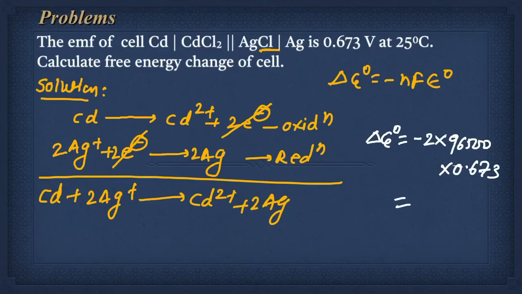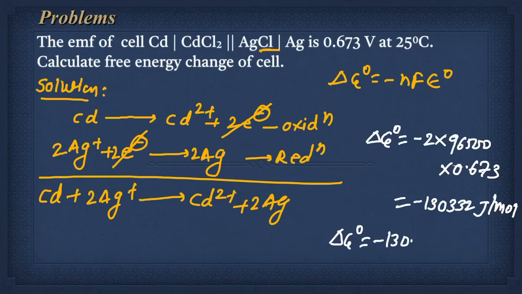So finally after multiplying this we got minus 130,332 joule per mole. We can convert it to kilojoule per mole. So delta G standard, the final value, is minus 130.332 kilojoule per mole. So this is the easy way of calculating the free energy if the cell EMF of the reaction is given.